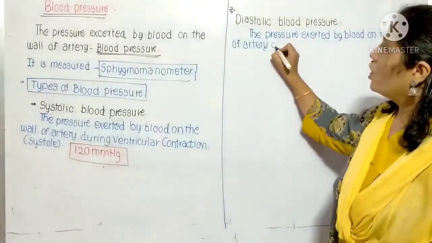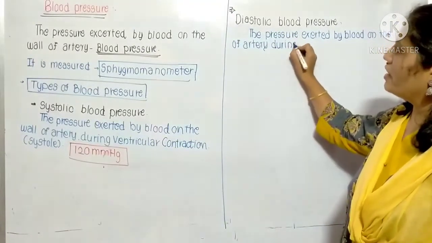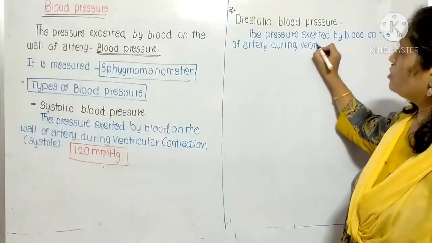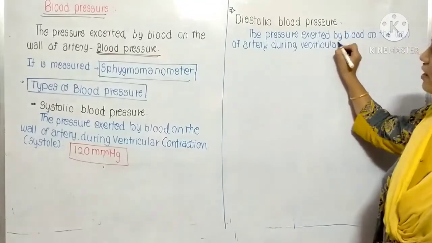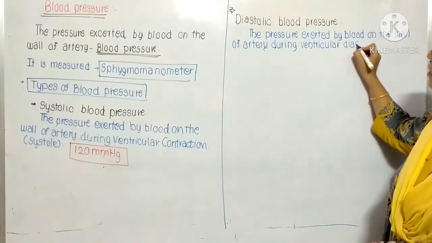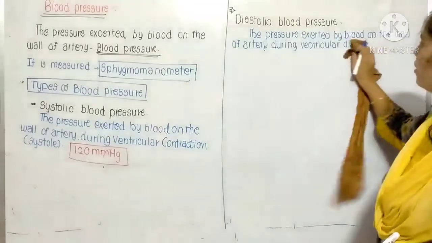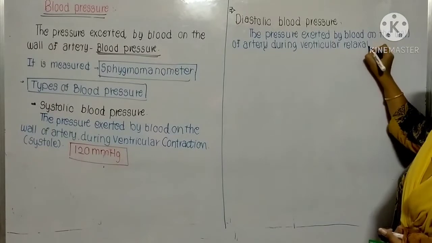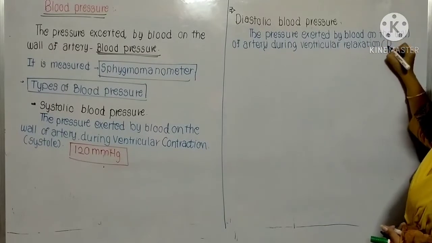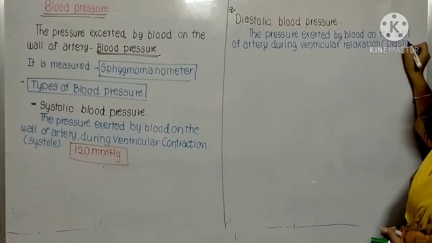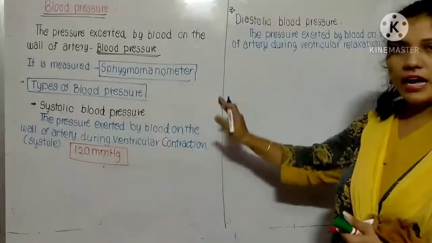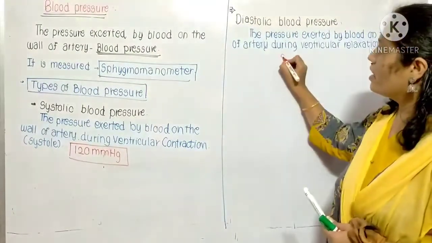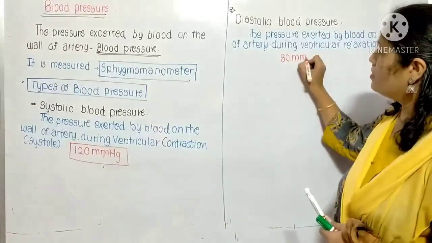Now the important thing here: diastolic is given, so during ventricular diastole, or you can say ventricular relaxation, that is known as the diastolic blood pressure. This diastolic blood pressure is always 80 mmHg.